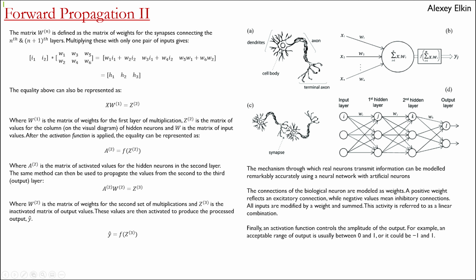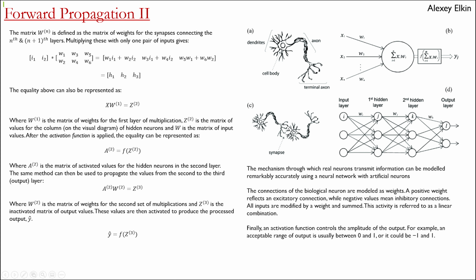The same method can then be used to propagate the values from the second to the third output layer, where W2 is the matrix of weights for the second set of multiplication, and Z3 is the inactivated matrix of output values. These values are then activated to produce the processed output, Y.